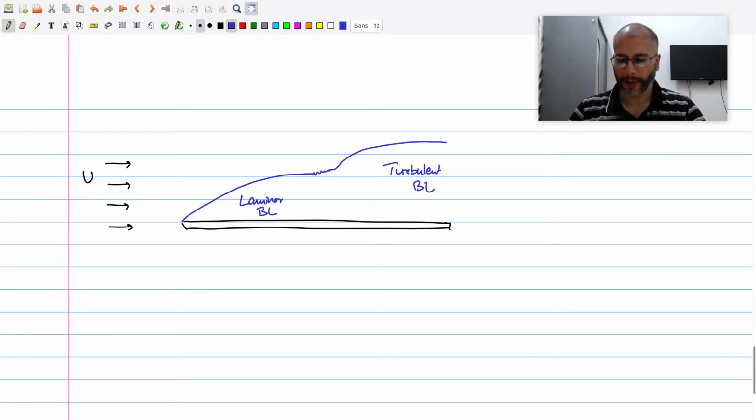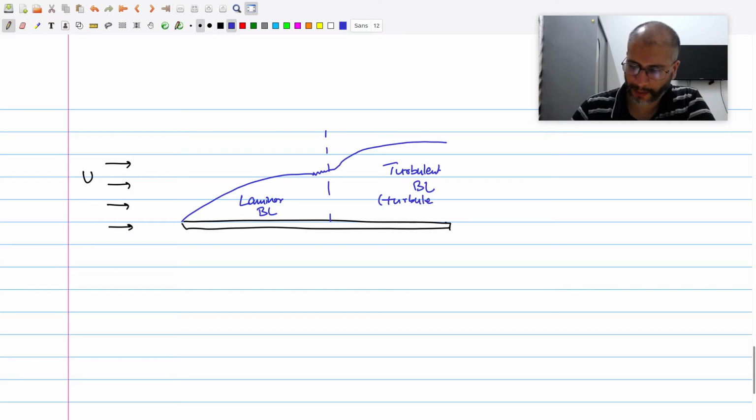What I mean by turbulent boundary layer is that the flow inside this region is turbulent, whereas the flow inside the laminar boundary layer was laminar. If you were to just look at it, you would see a very smooth flow in the laminar region, but in the turbulent region it will all be very mixed and frothy.